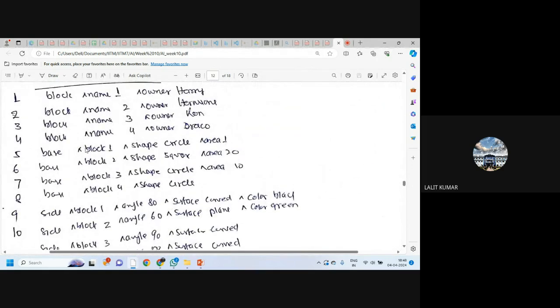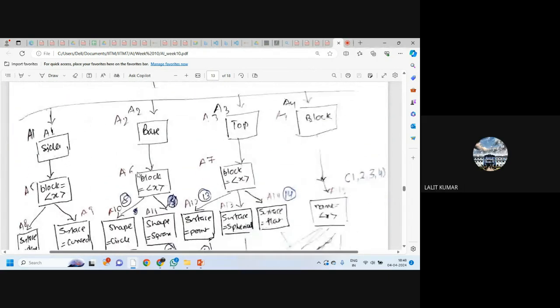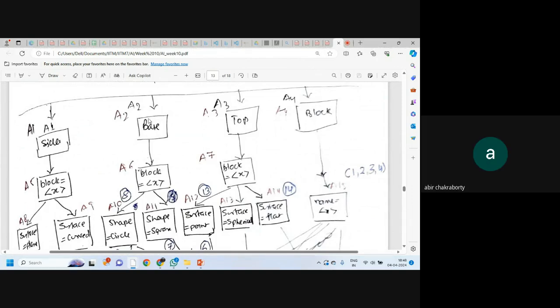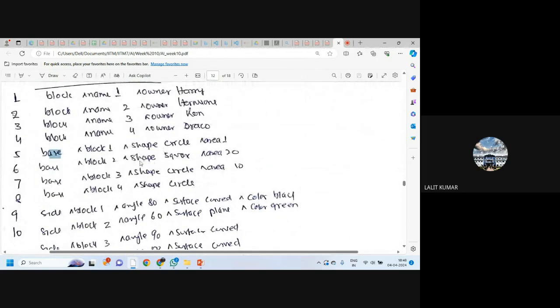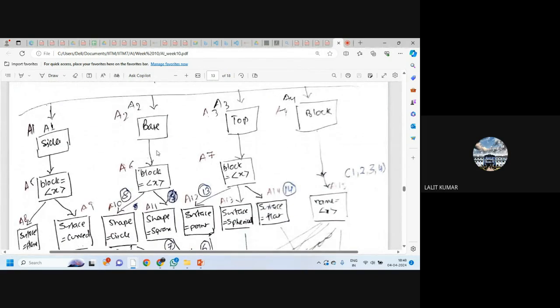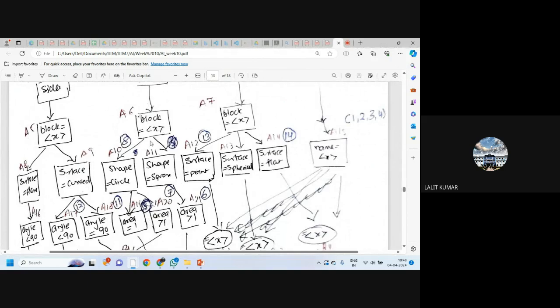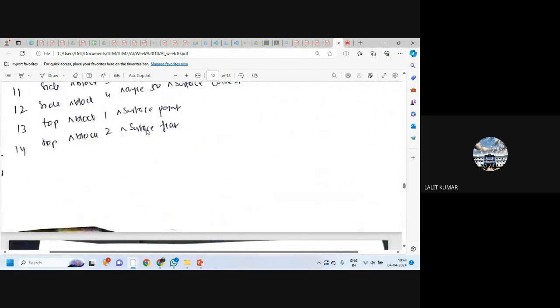Now we come to, for example, WME5. It says class is base. So it will come to base, here, A2. Now it sees the second, block one. So it will see block one here, A6.